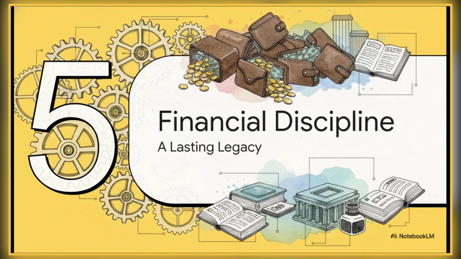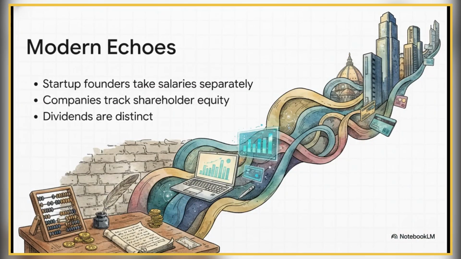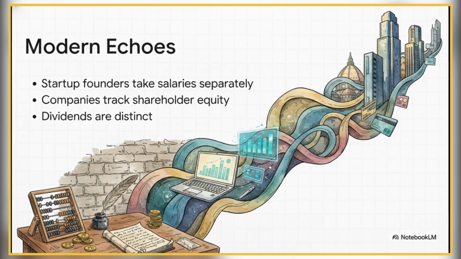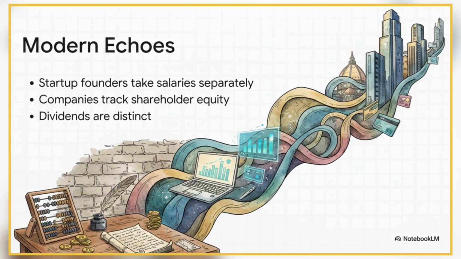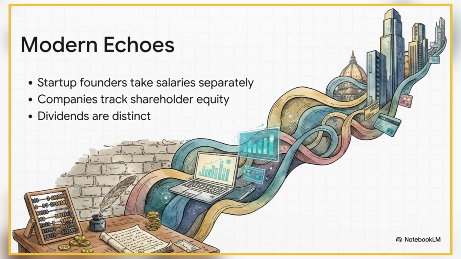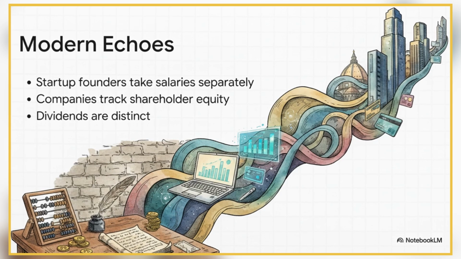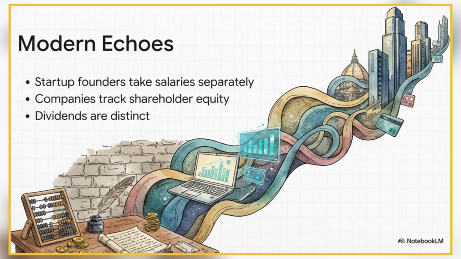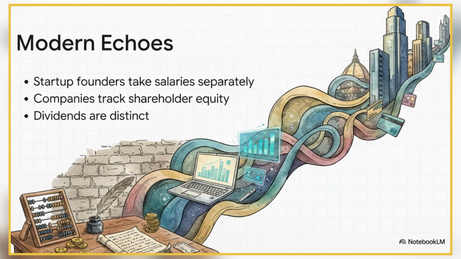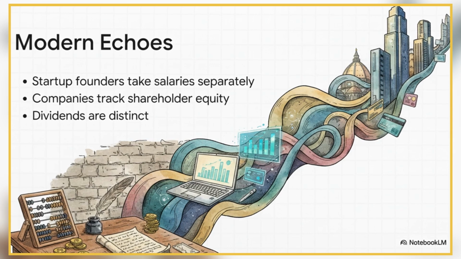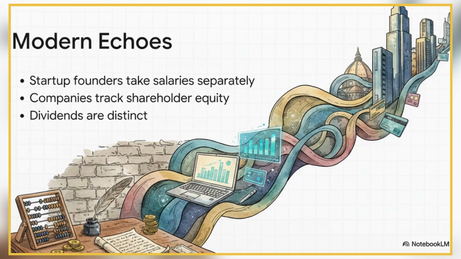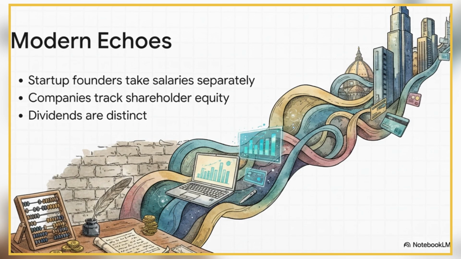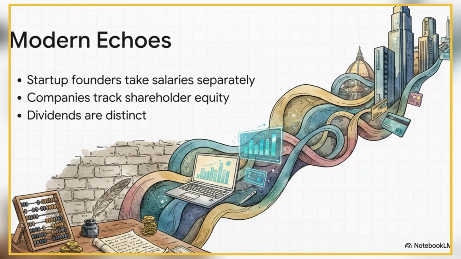Legacy of financial discipline. These mechanical ledger rules were about so much more than just balancing books. They were the true beginning of global financial discipline. And just look at the modern echoes. We see this Medici legacy literally everywhere today. When modern tech startup founders take salaries separately, or when major Fortune 500 corporations maintain shareholder equity or track dividends distinctly, they are following the exact same accounting principles born centuries ago in Florence.